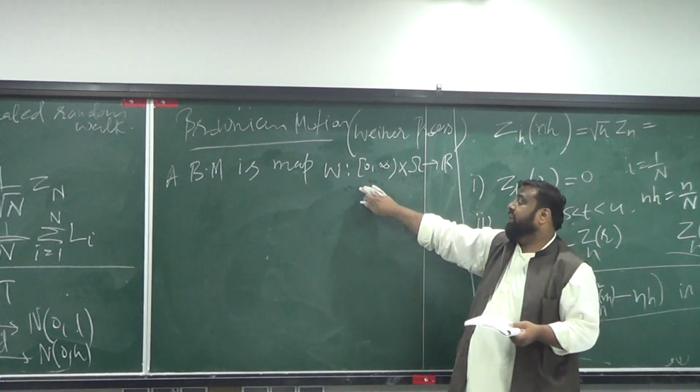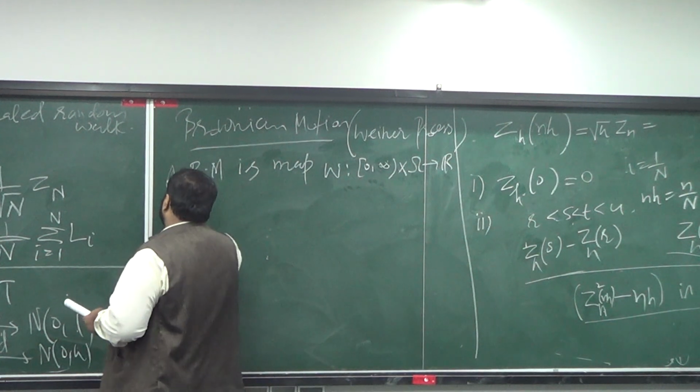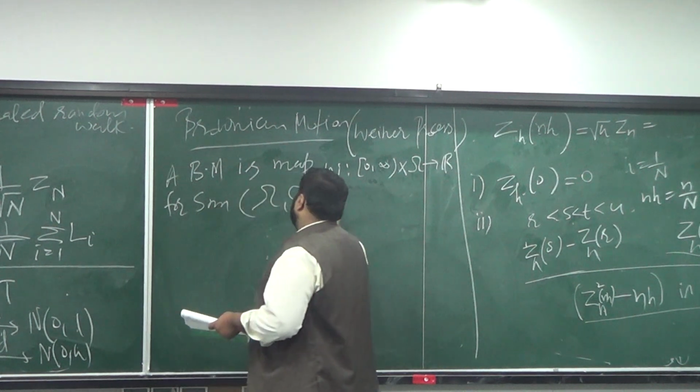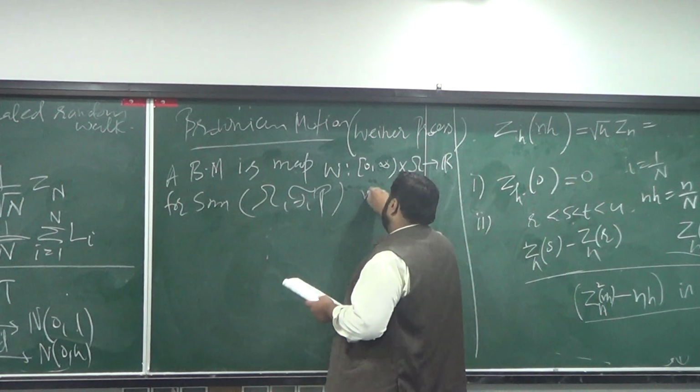Any process of this form, for some omega, F, P, some probability space, measurable.